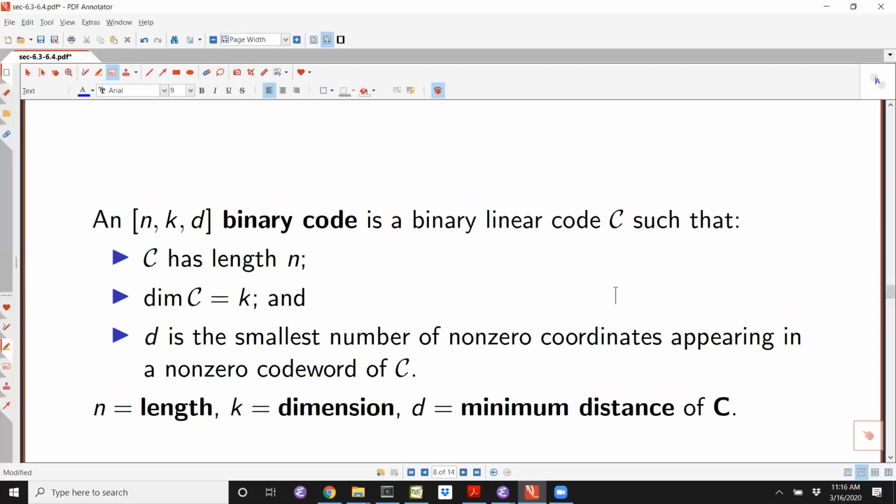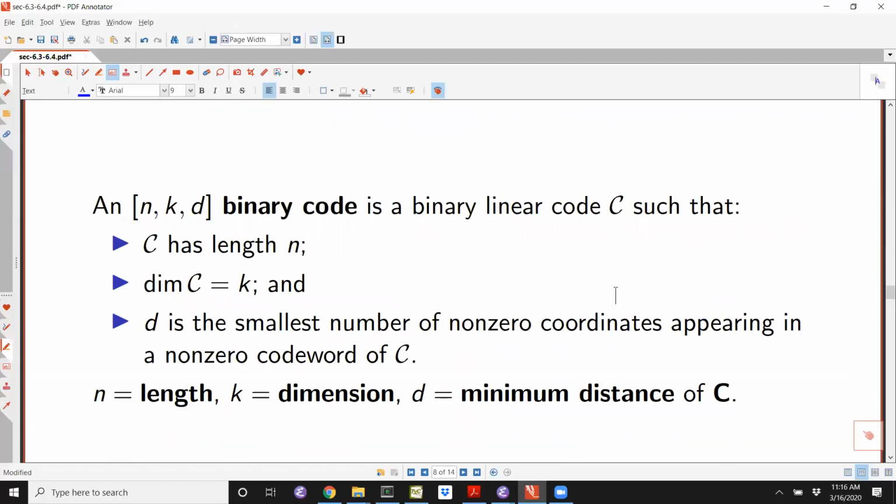Very good. All right, in order to talk about effectiveness of codes in general, we need to do a little bit more abstraction. So first of all, this is a piece of notation. What do I mean when I say a bracket n, k, d binary code?